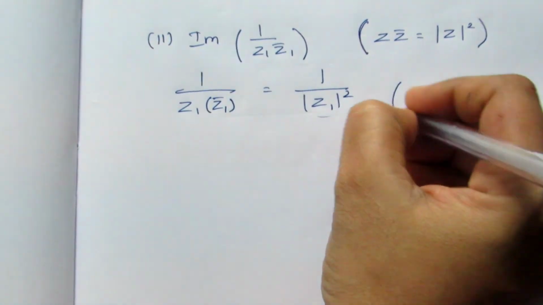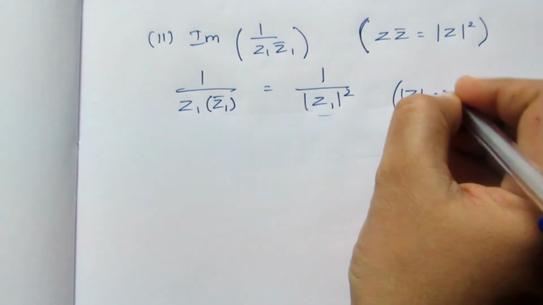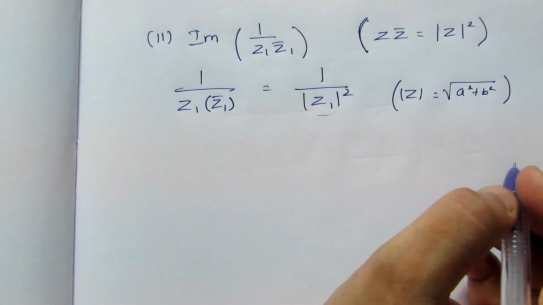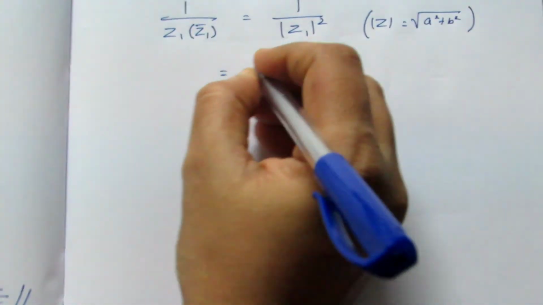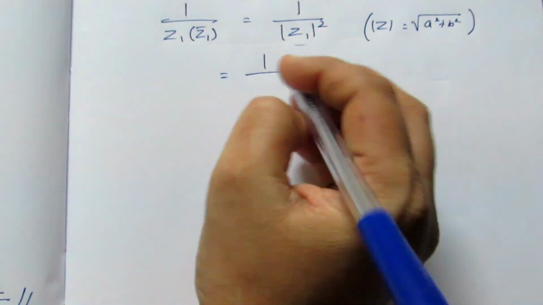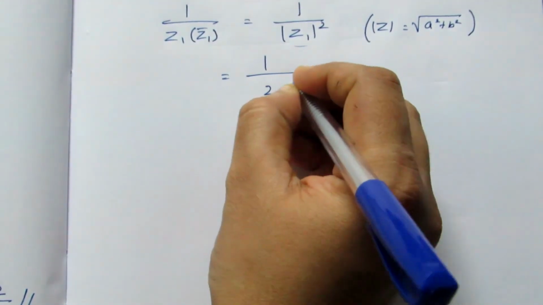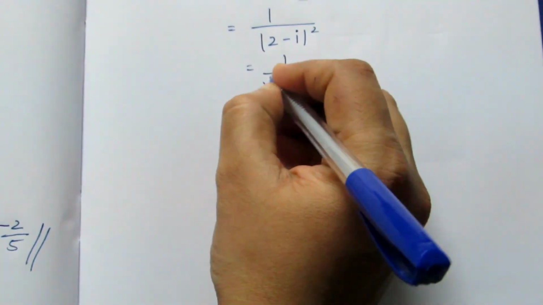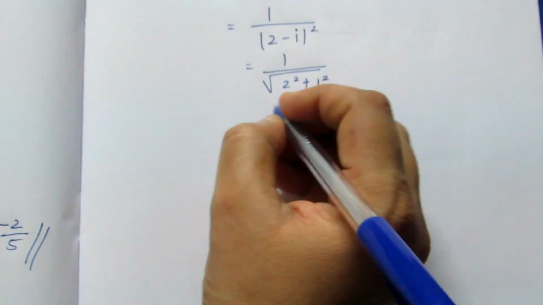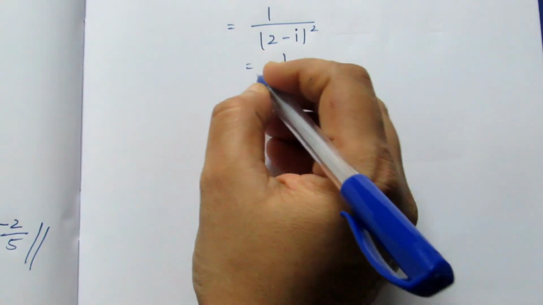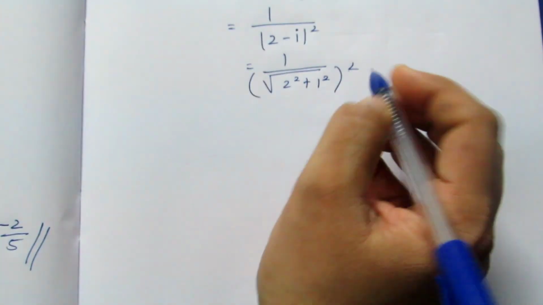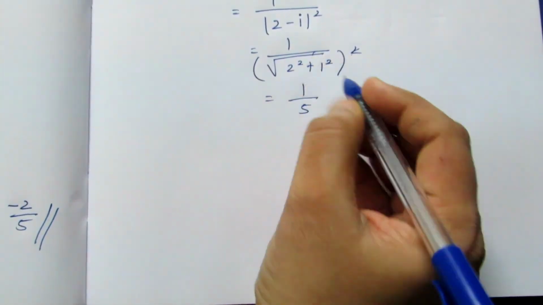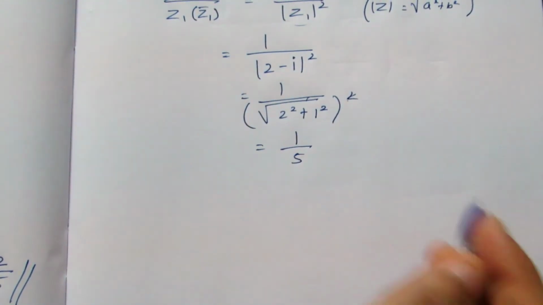Again we know a formula for modulus z, which is nothing but root of a square plus b square, where a is the real part and b is the imaginary part. So 1 by, instead of z1 we have the modulus of 2 minus i, squared. Now substitute the formula, which is root of 2 square plus 1 square, the whole square, because we have a square over here. The square root gets cancelled and it becomes 1 by 5, because 2 2s are 4 plus 1 becomes 5.